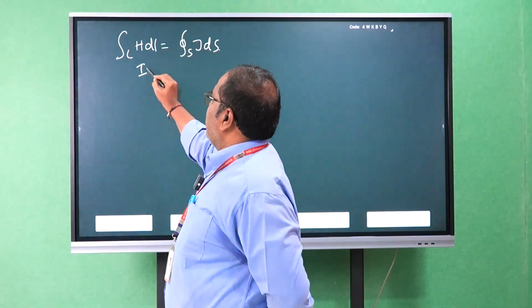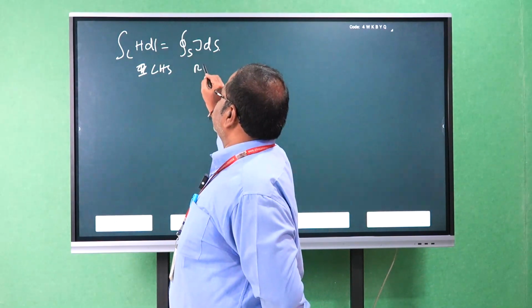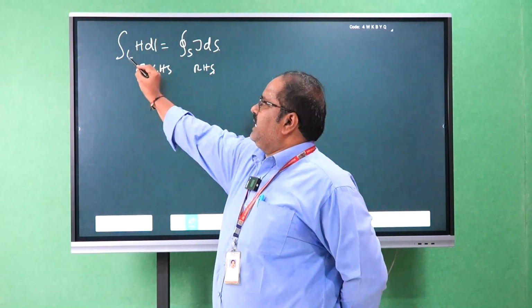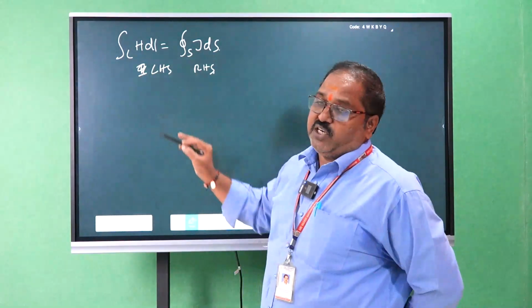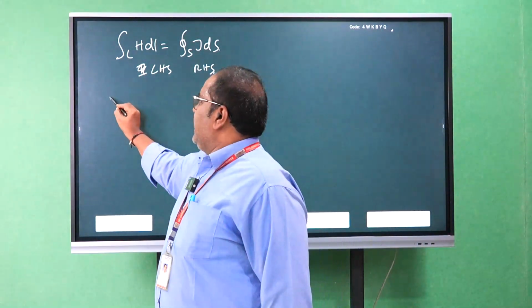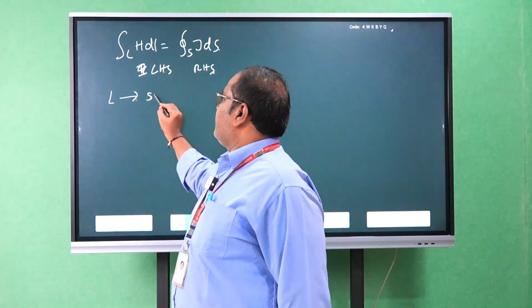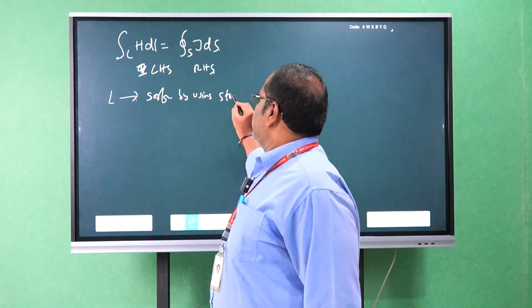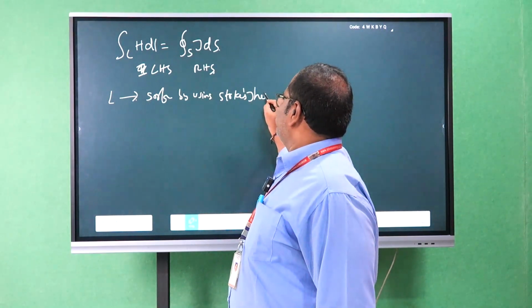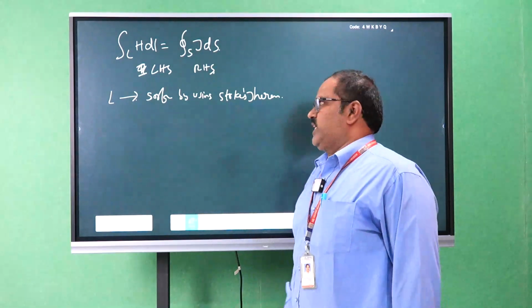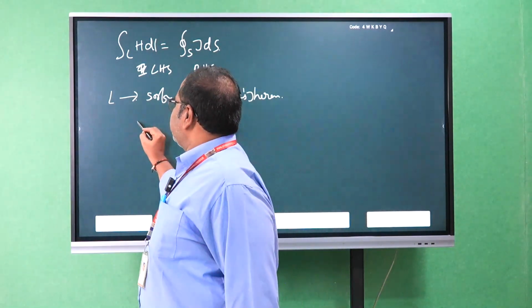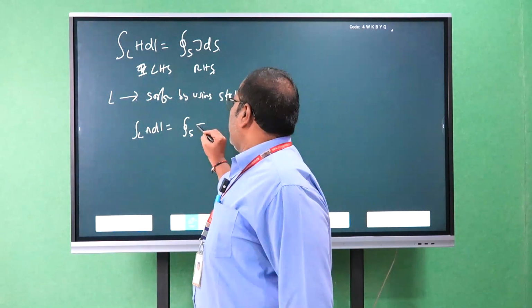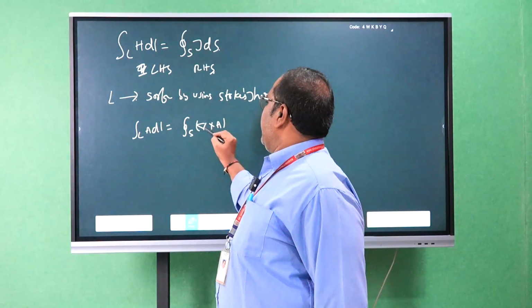The left hand side is a line integral and the right hand side is a surface integral. The line integral is converted to a surface integral by using Stokes theorem. What is Stokes theorem? Stokes theorem states that the line integral of A dot dl is equal to the surface integral of del cross A dot ds.